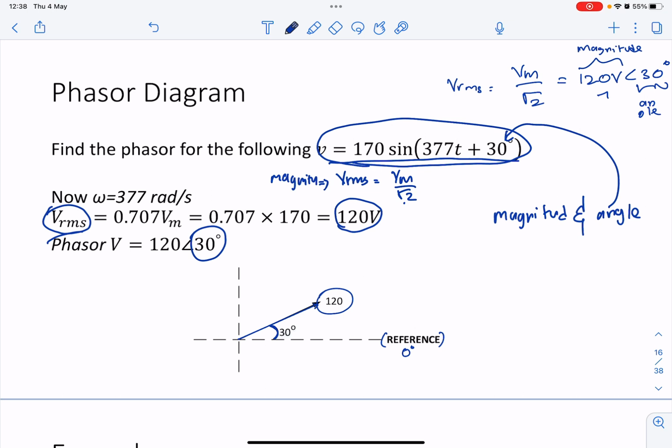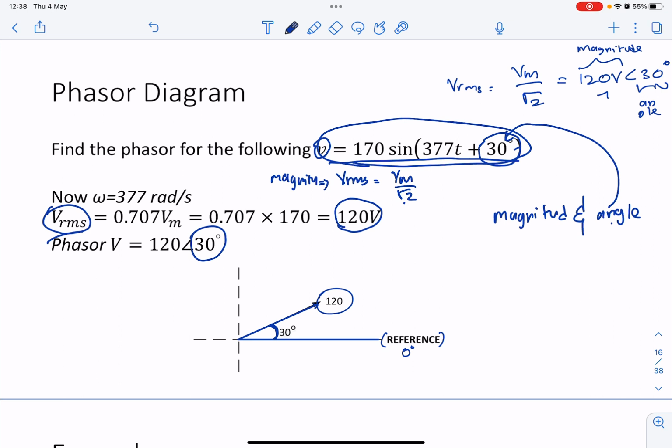And then berapa angle-nya? Angle-nya is 30 degree based on this value given. So we set reference point as 0. Ini your reference point, kosong. So since your angle 30 degree, kamu just buat 30 degree and then kamu draw your magnitude arrow. So your magnitude is 120 and the angle is 30 degree.